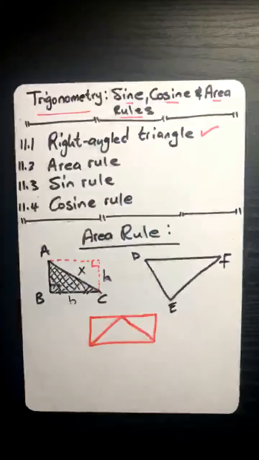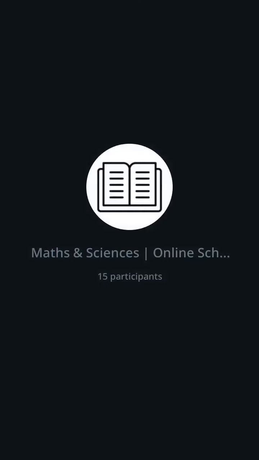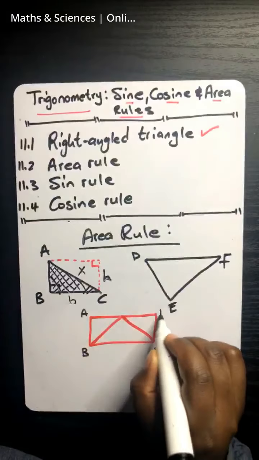Let's say we've got A, B, C, D, or whatever.